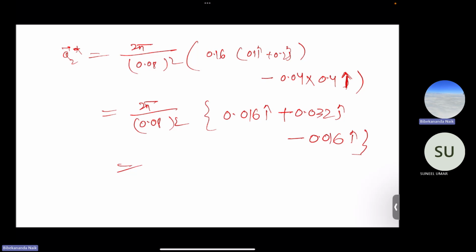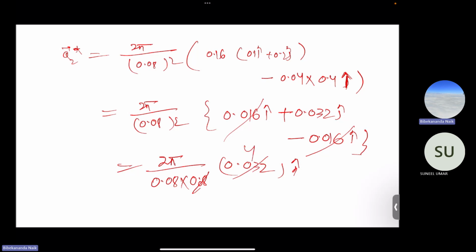So if you see 0.032, 0.016, they can be neglected. Sorry, not like this. So this gets cancelled out. So 2π into 0.08 into 0.08, 0.032 j cap.